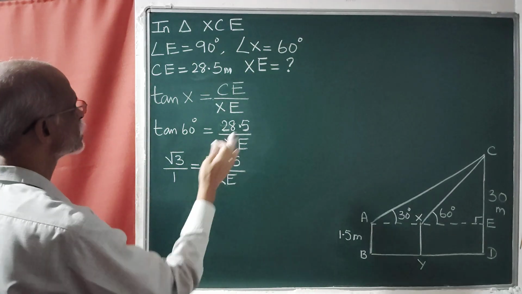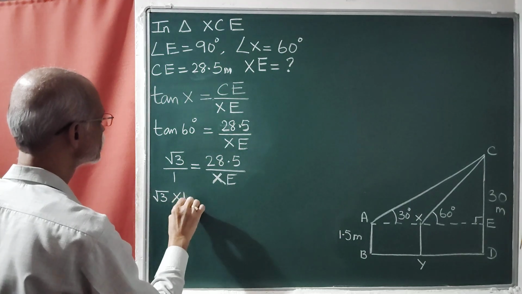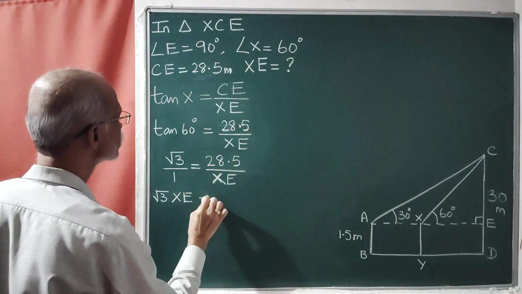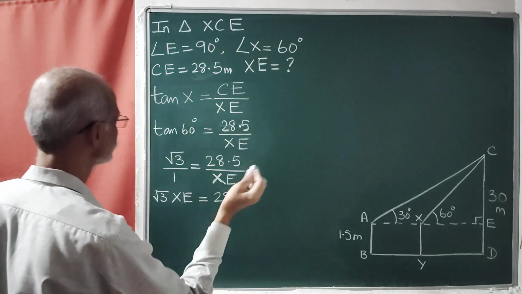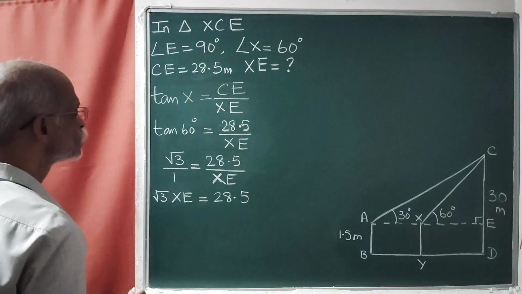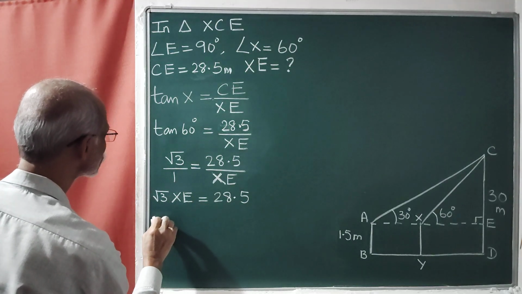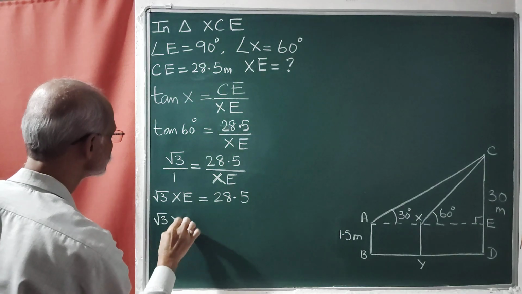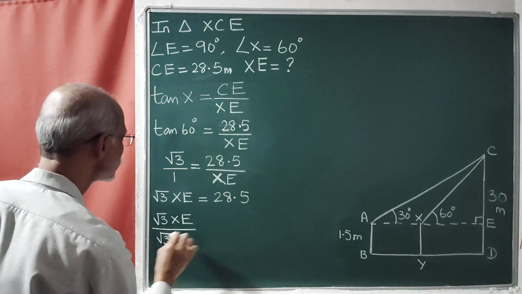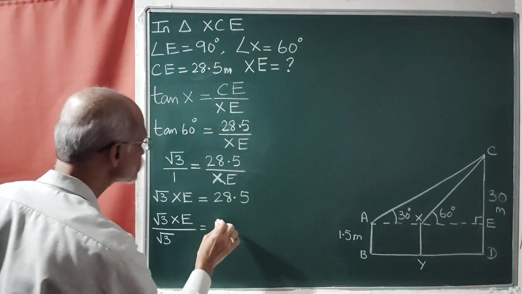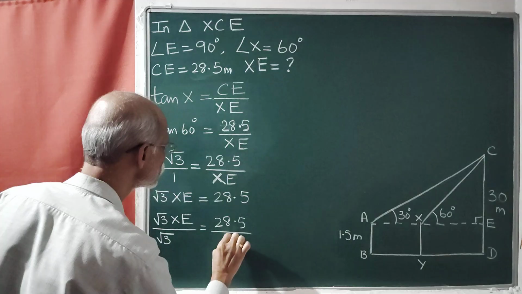Now we will cross multiply. Root 3 x XC is equal to 28.5. So we will divide both sides with root 3. So root 3 XC by root 3 is equal to 28.5 by root 3.